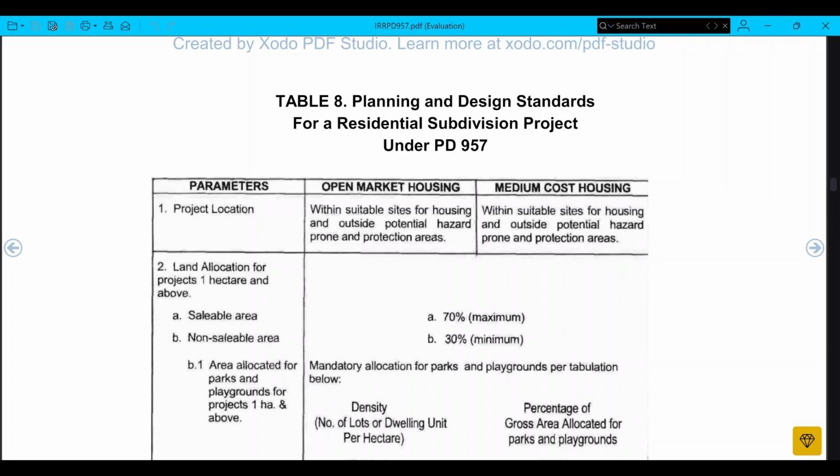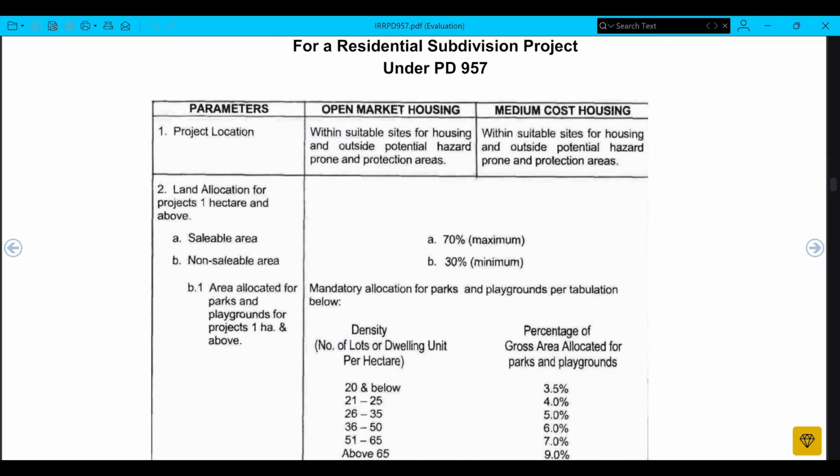The project location is almost the same, within suitable sites for housing and outside potential hazard prone and protection areas. Land allocation for projects 1 hectare and above: for both open market and medium cost, 70% maximum for sellable area, 30% minimum for non-saleable area.